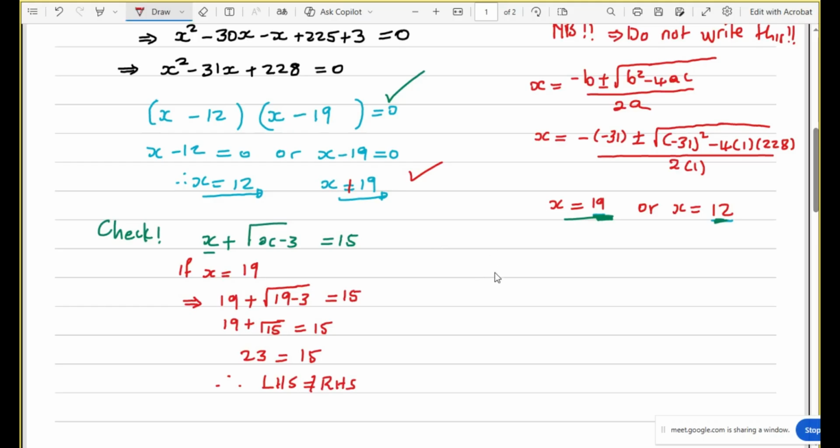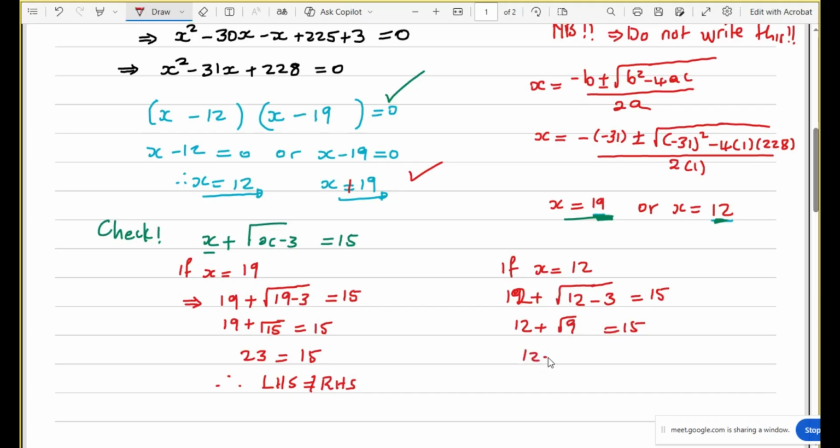Then you can also check if x is equal to 12. So where there's x, you need to substitute 12 and see what you get. So this will be 12 plus the root of 12 minus 3, and let's equate this to 15. We know that 12 minus 3 is 9.